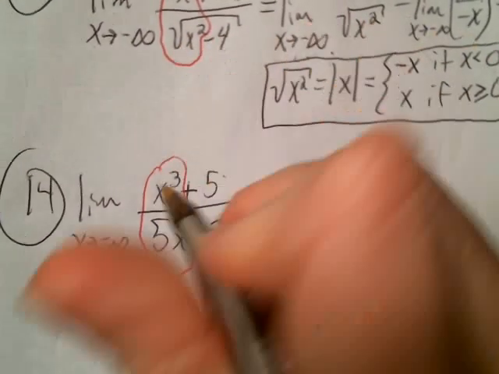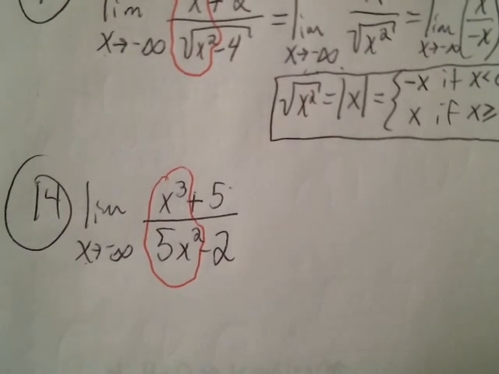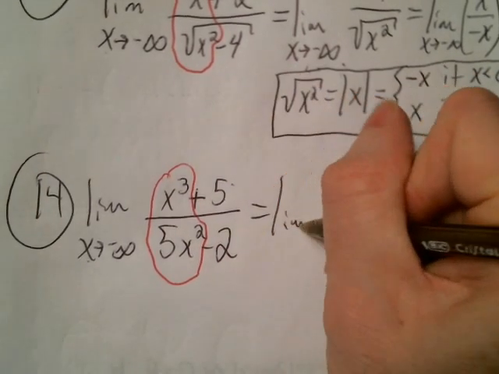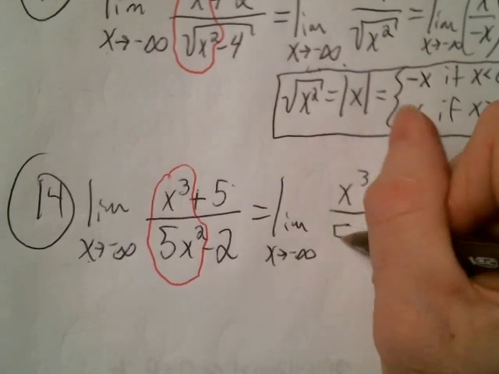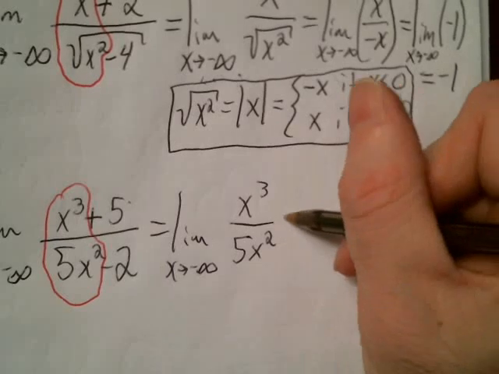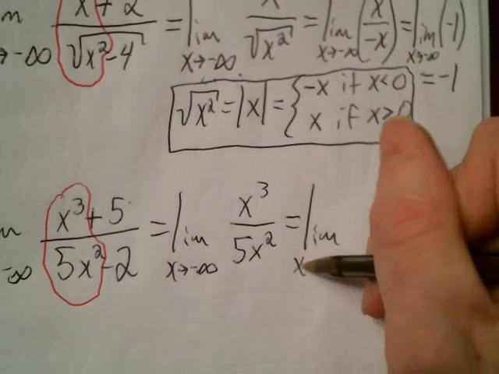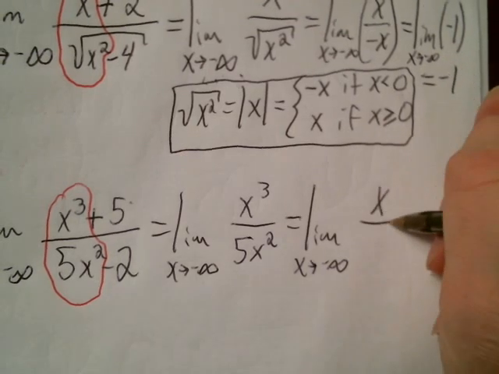That'll be all of that junk. And the resulting limit will just behave as if it were the limit as x goes to negative infinity of x cubed over 5x squared. Right? And then I can simplify this thing. It's the limit as x goes to negative infinity of x all over 5.